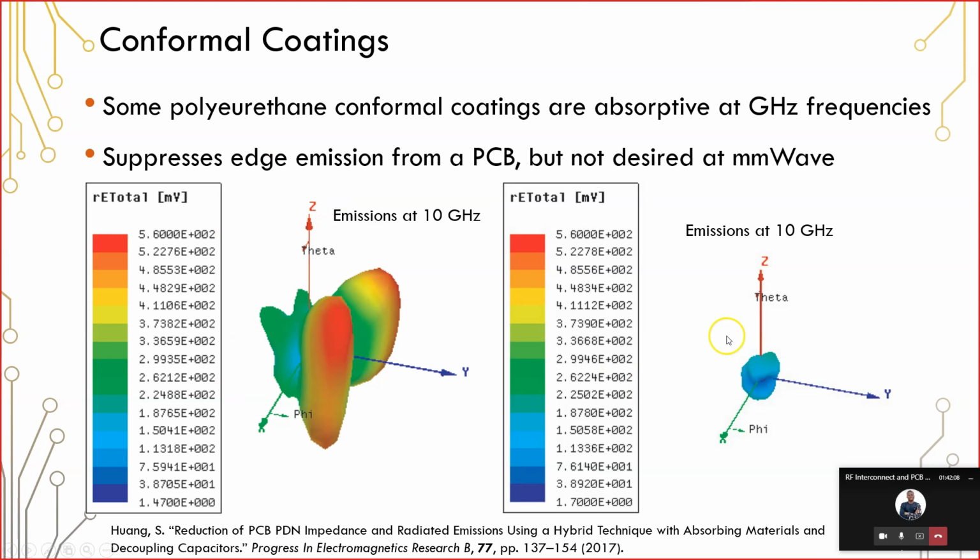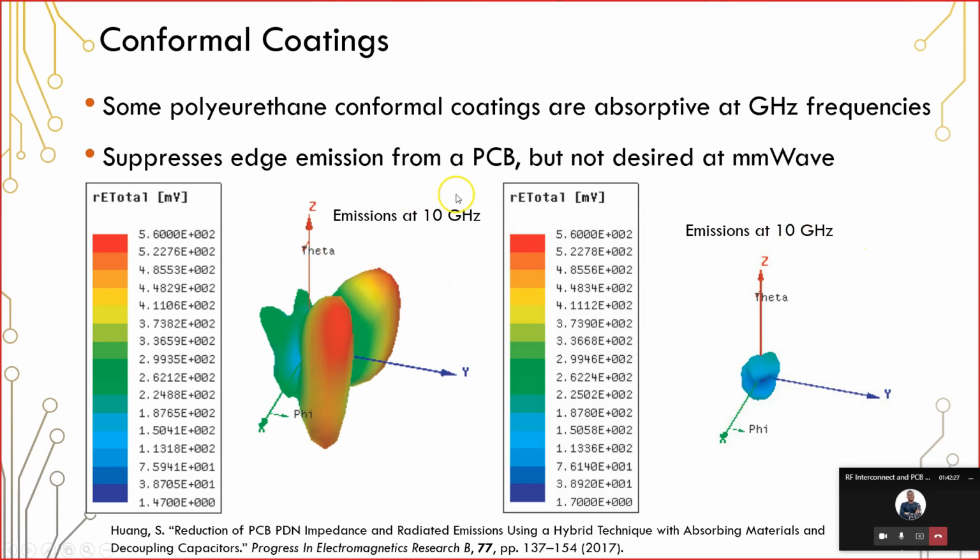And so you can actually see the very sizable reduction that you get. It's almost a factor of 10 reduction. Actually, that's more like a factor of 4 reduction, but still a really good reduction in the emitted radiation profile at 10 gigahertz.